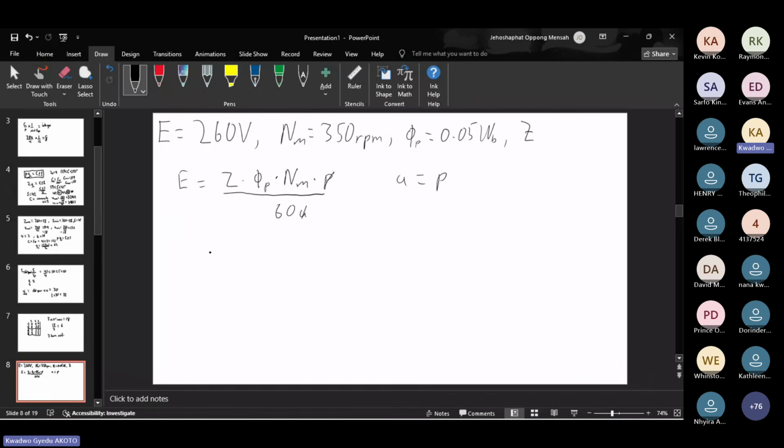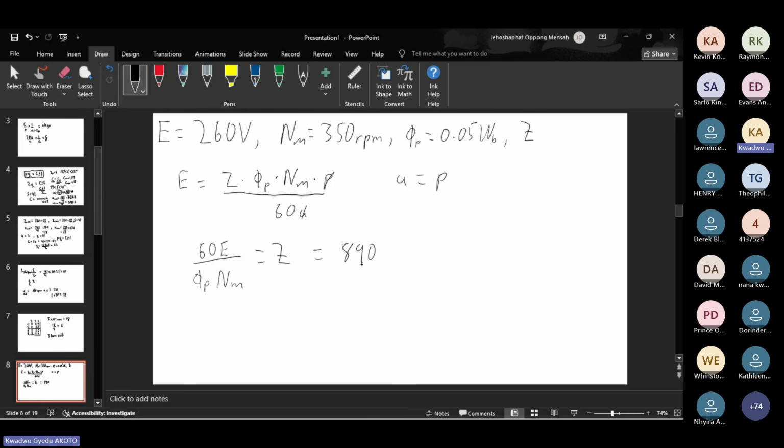Making Z the subject of our equation, we have Z equals 60E divided by phi p NM. So substituting our values in, we get Z to be approximately 890 conductors, right?